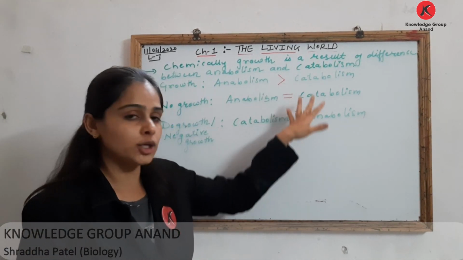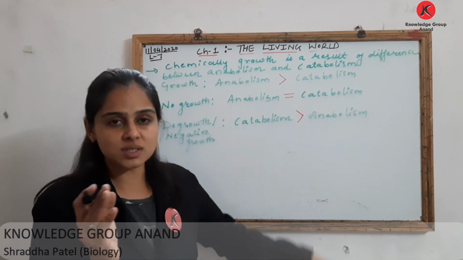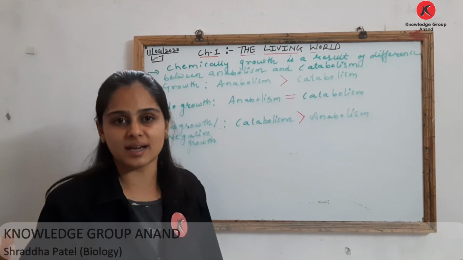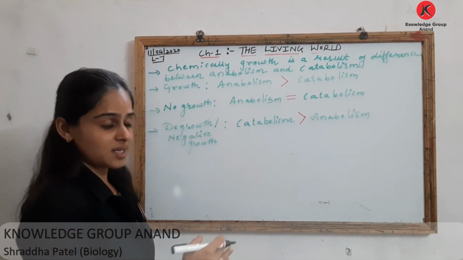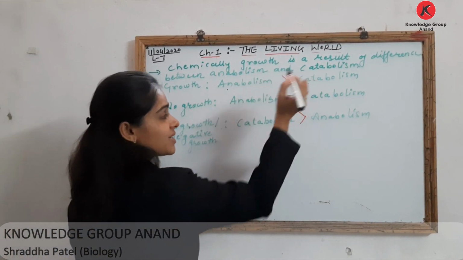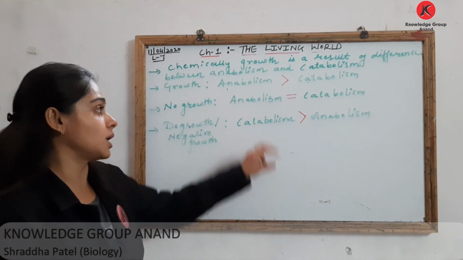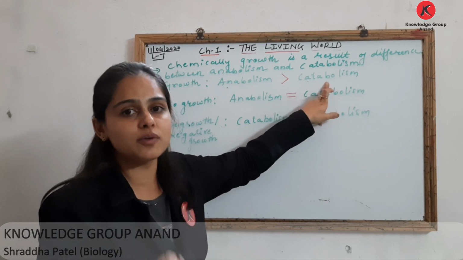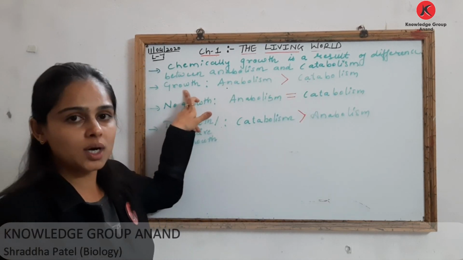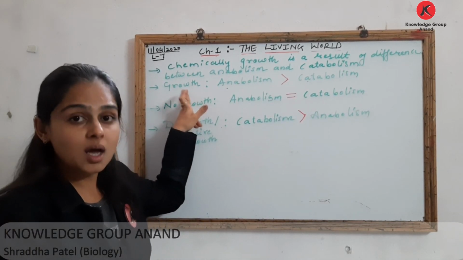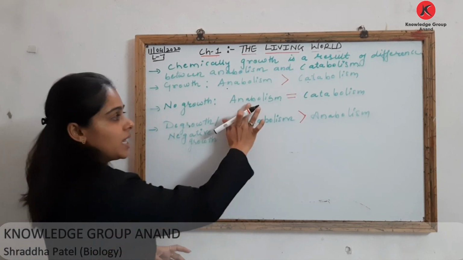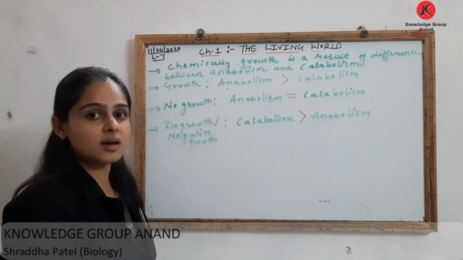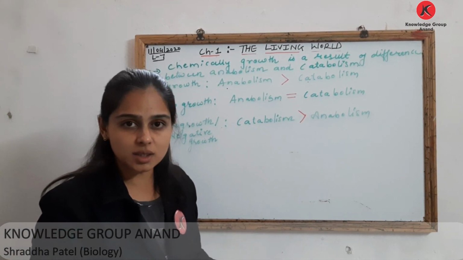Okay, now we are going to understand three parameters. कब growth होगा, when it will be steady and when growth declines. Okay, so in first case, if anabolism exceeds catabolism, मतलब synthetic reactions are more than breakdown reactions, तो क्या होगा? Growth, of course. But if both anabolic processes and catabolic processes are same, are equal, right?